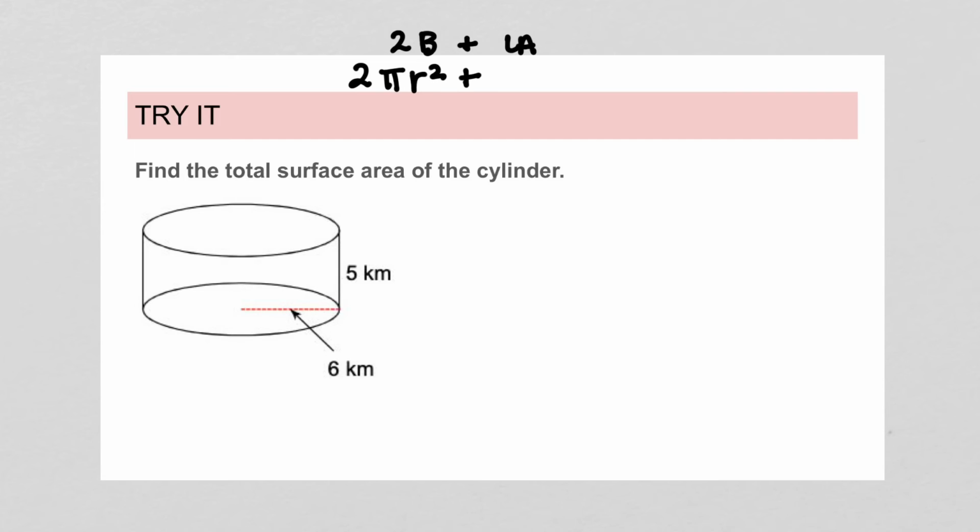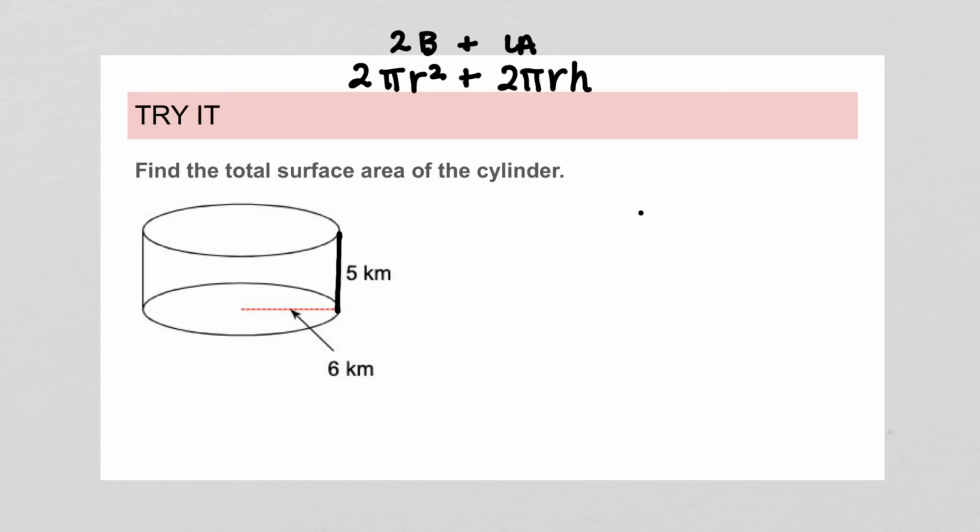And my lateral area is that rectangle it makes, where the top would be the circumference. So my circumference is 2 pi r, times the height.